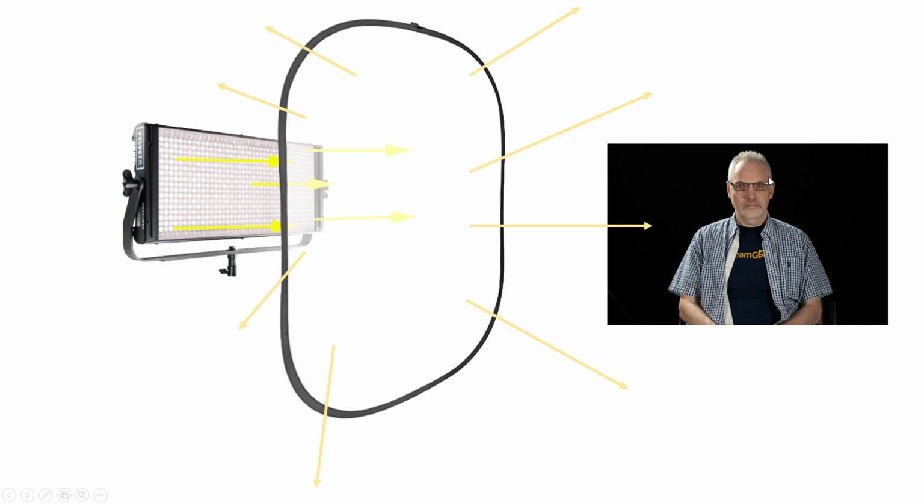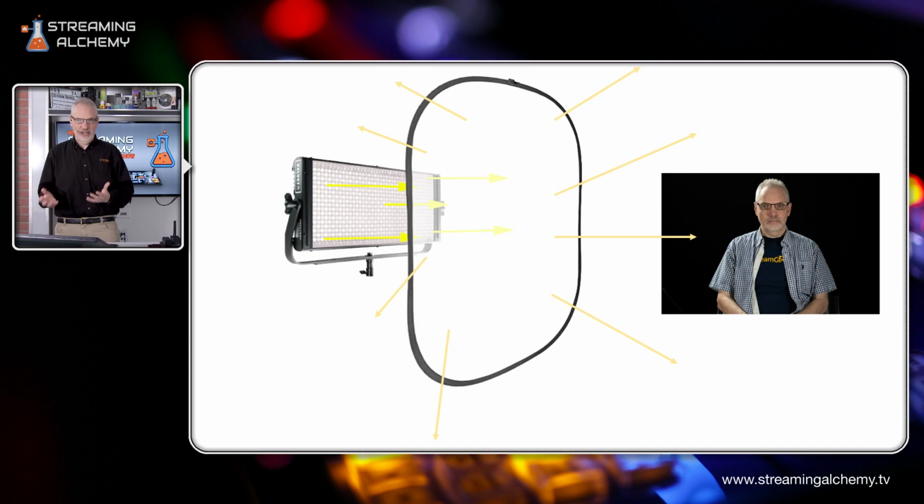So you can see there is no hard outline anymore for where the light's hitting. And that's an important thing because it's much more flattering to people in terms of how they look on camera to have soft, diffuse light with soft, diffuse shadows.